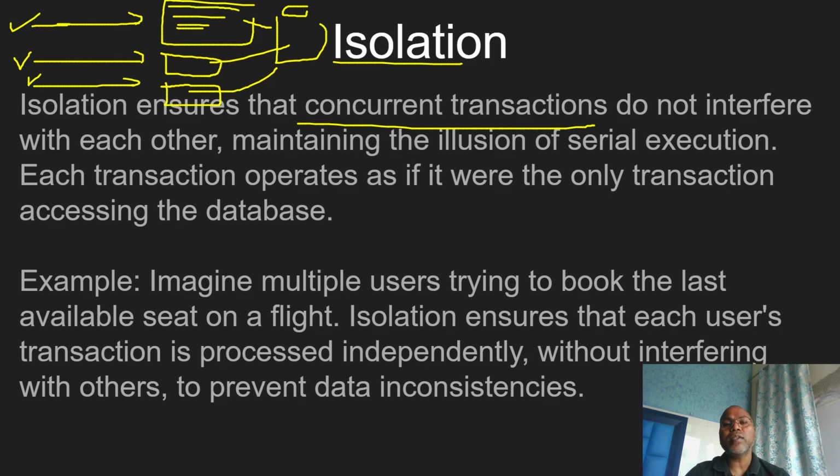So one transaction is updating some record. This updated record is not visible to the other transaction, because that transaction is still in progress. Maybe this transaction succeeds and that one fails and gets rolled back. If it is rolled back, the other transaction reads the older data.